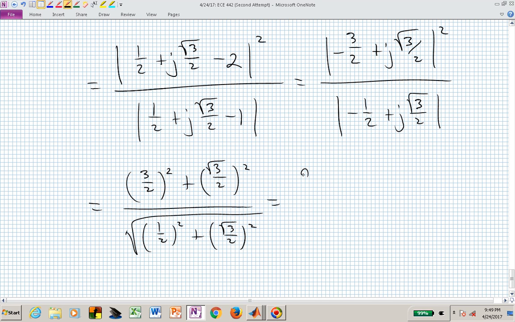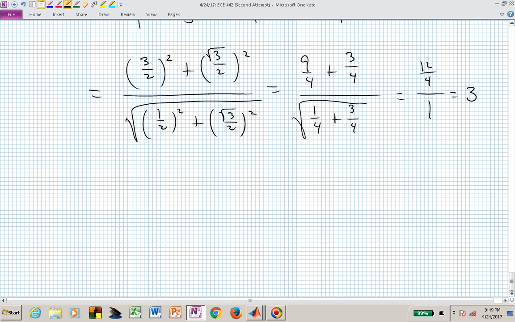But now we have 9/4 upstairs and 3/4. Downstairs we have 1/4 plus 3/4, which ends up being 1, so we can forget the denominator essentially. And now we see that the minimum value of gain, k delta, is actually equal to 3.